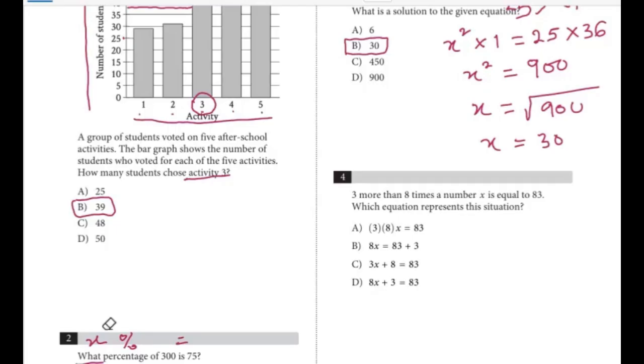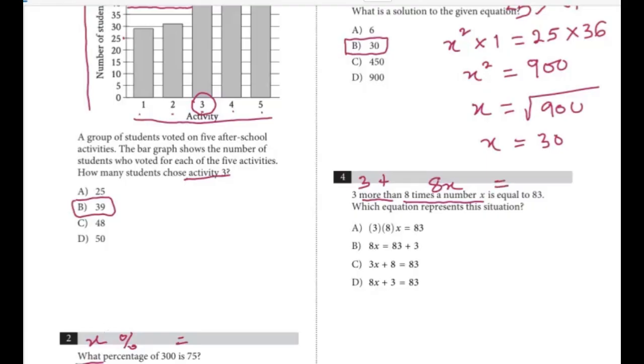Let us interpret this. 3 more than 8 times a number x. 8 times a number x means 8 times x, that is 8x. 3 more than means plus 3. This is 3 more than 8 times a number x is equal to 83.